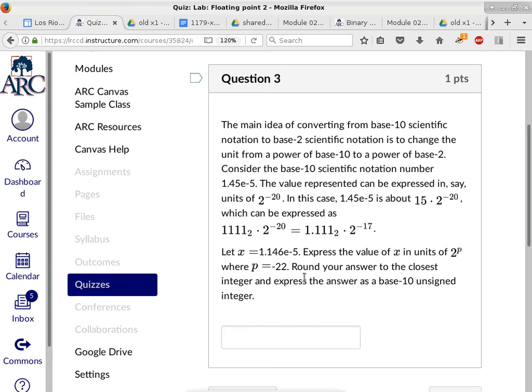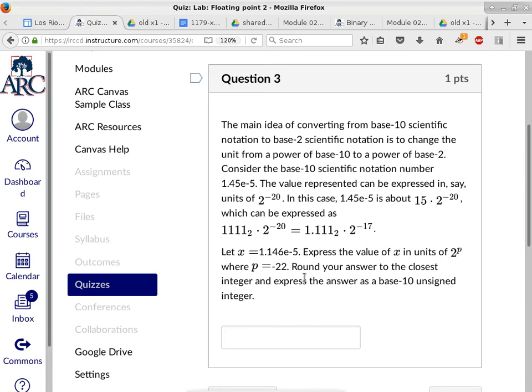So in this case, let me see if I have the calculator app installed here. Nope, not here. Okay. Because that way you can actually see how I use the calculator.